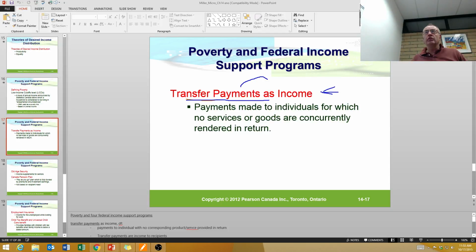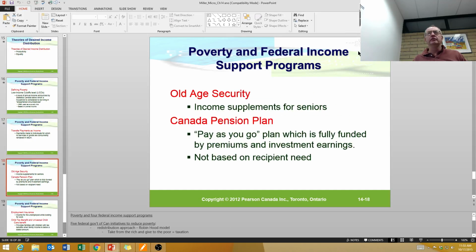Okay. So we have 5 federal programs that the book looks at that the feds use to address poverty in Canada. So, old age security. We have 3 components of old age security.